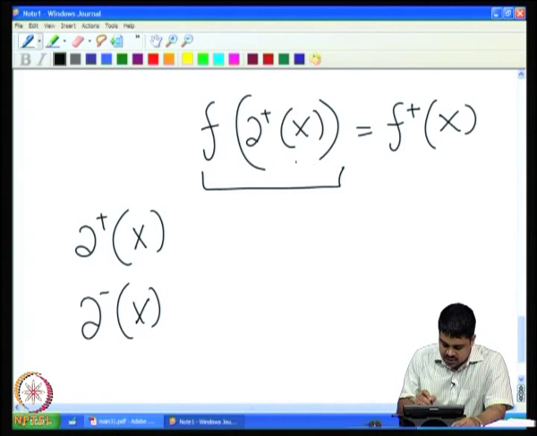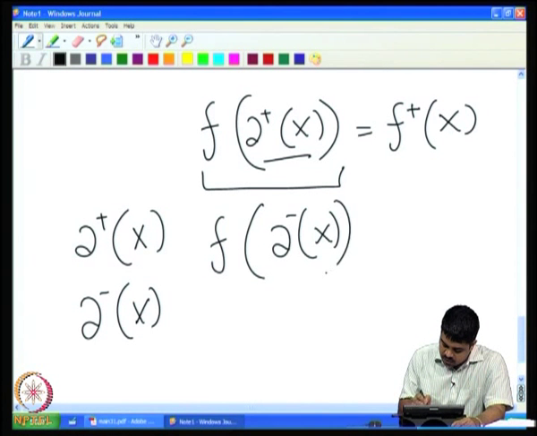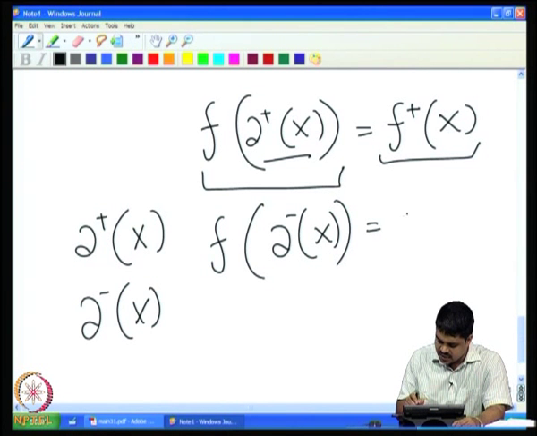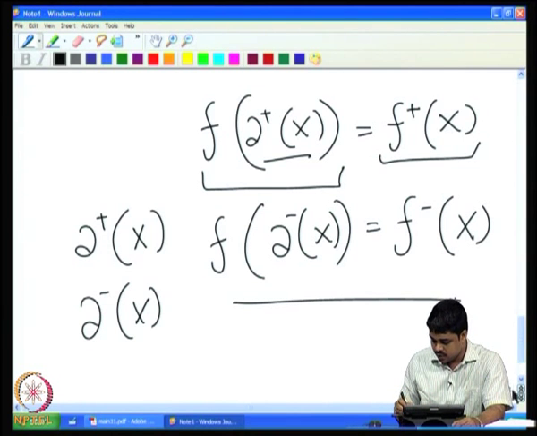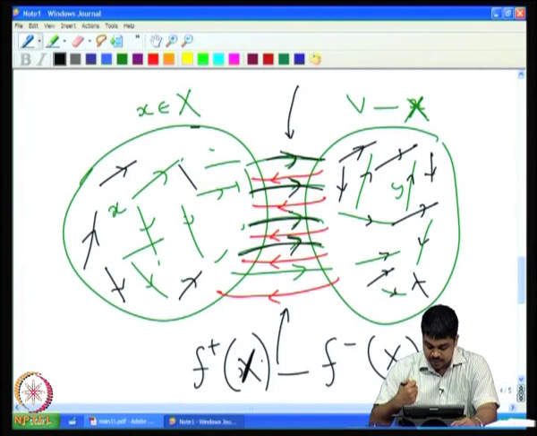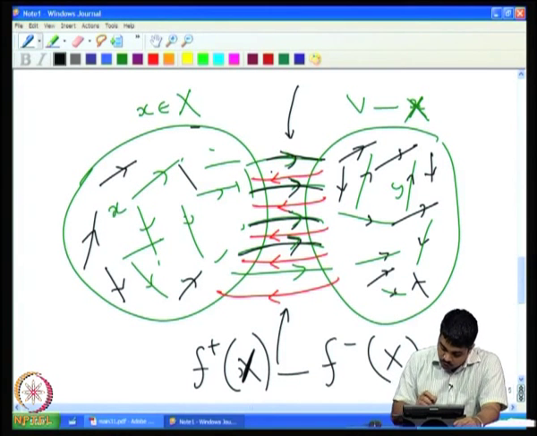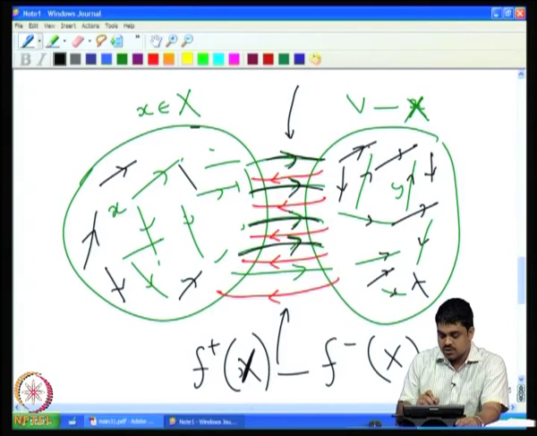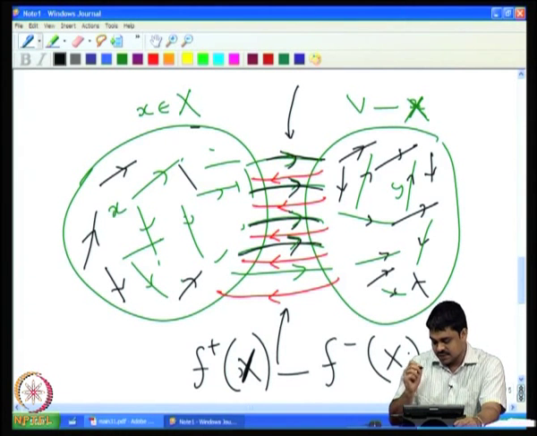Essentially, f means the sum of the flow values on this set, and f minus of x is for the incoming set. Now we are interested in f plus of x minus f minus of x. Why? Because this much is going out and this much is coming in, so the total outflow will be this minus this.